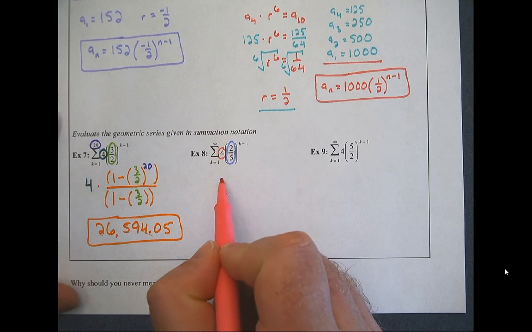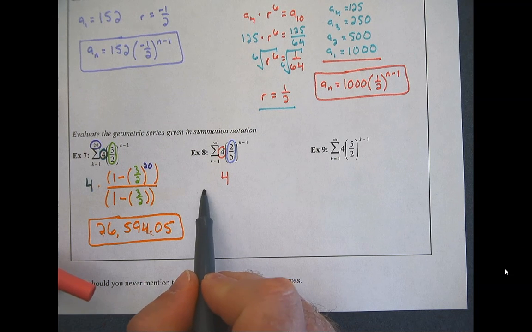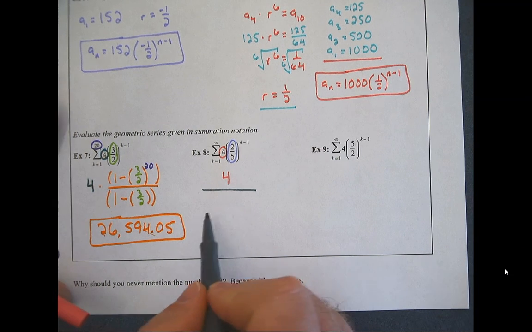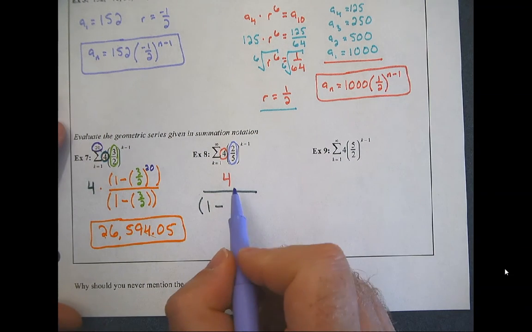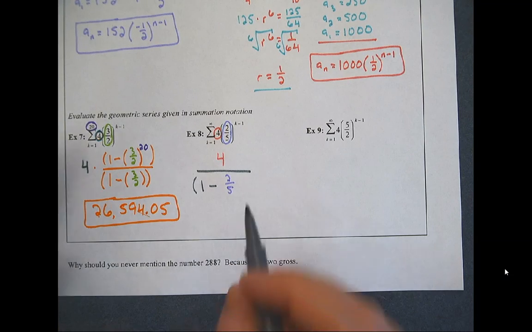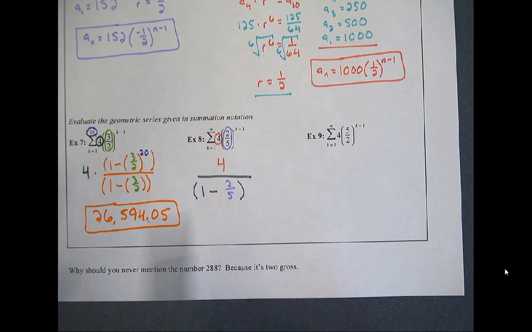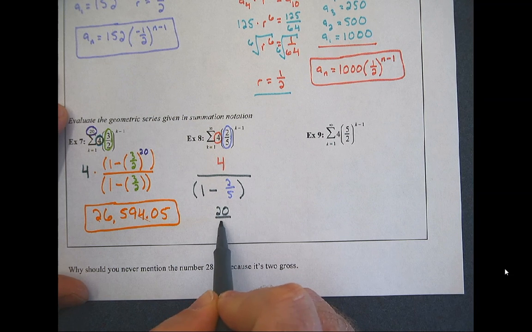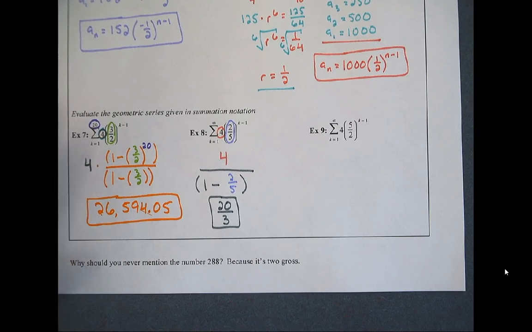So it would be 4 divided by the quantity of 1 subtract 2/5, which, what would that be? That'd be 3/5, so that would be 20/3. This would end up being 20 over 3. Grab your calc and figure it out if you don't agree with me, but all right, you try the next one. Pause, try the next one on your own.